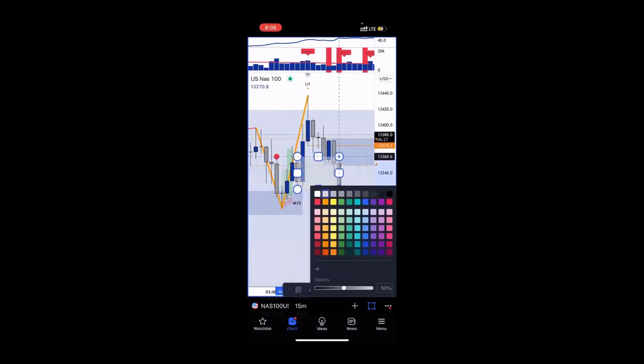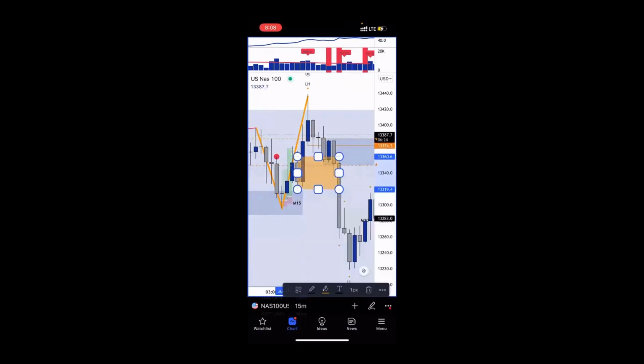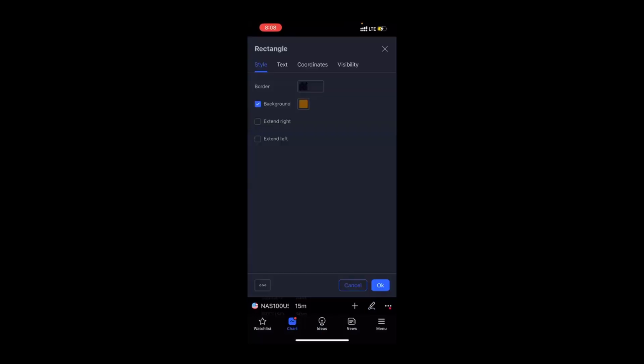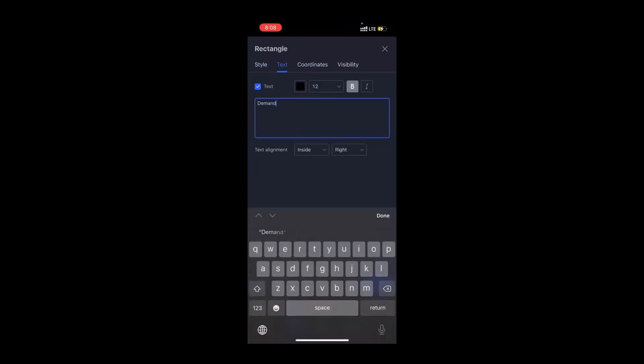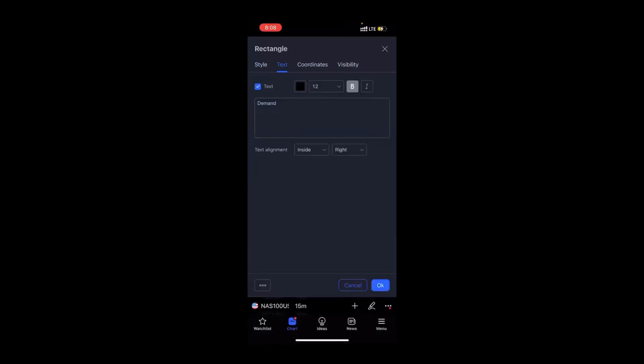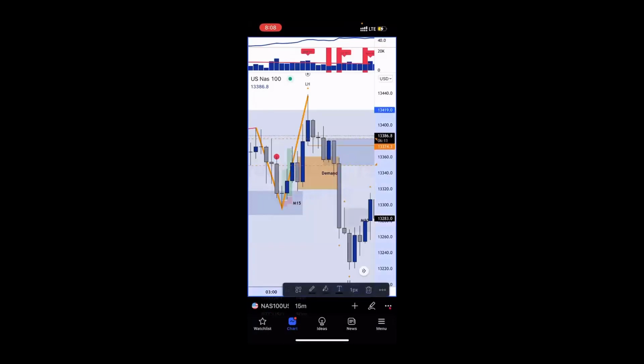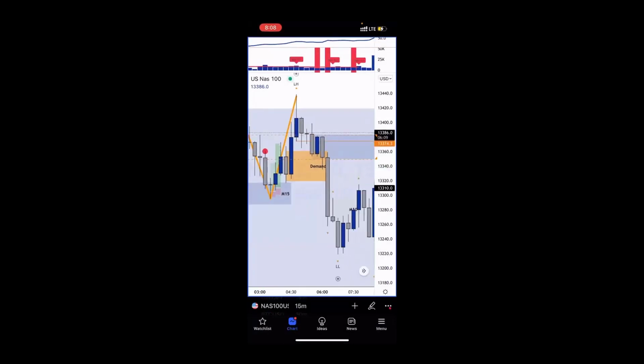And I'm going to actually make this orange so y'all can tell the difference. So all of this right here, we consider is demand. All right, which means that the first interaction would be right here.